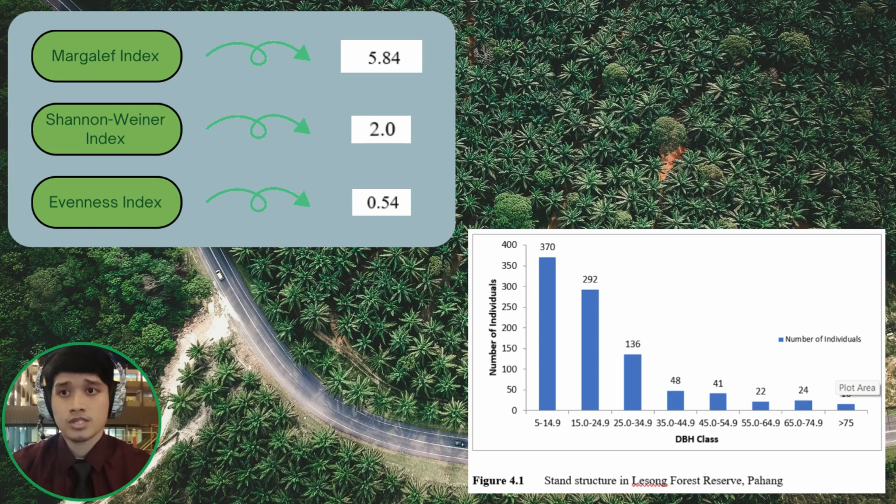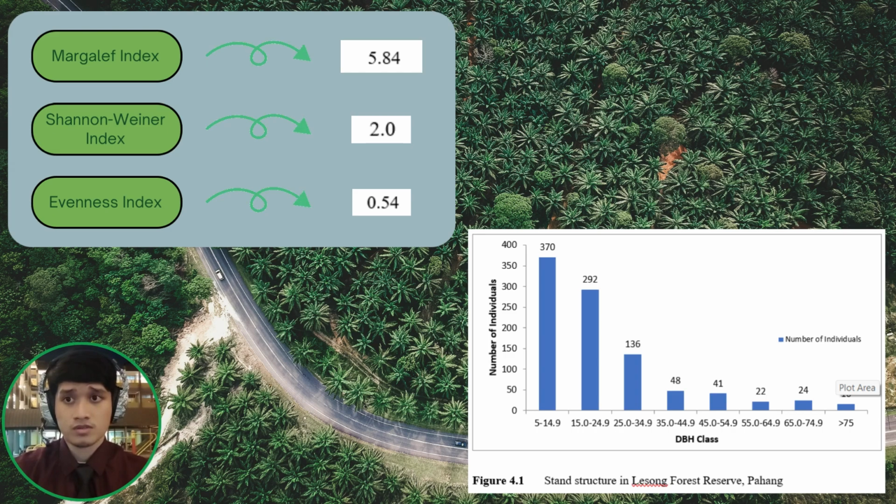After the calculation using the given formula, the Margalef index, Shannon index, and evenness index were determined, which equal 5.84, 2.0, and 0.54 respectively.